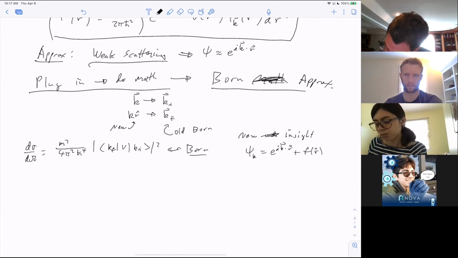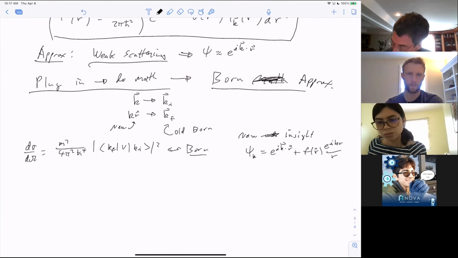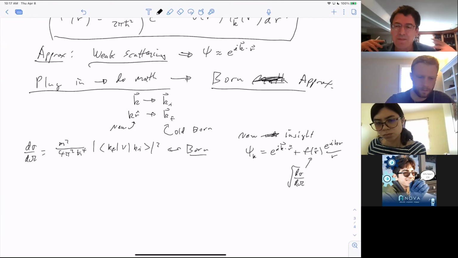So that was something we did not understand before, but now we understand it. And we understand that this is the differential cross-section, or the square root of it.